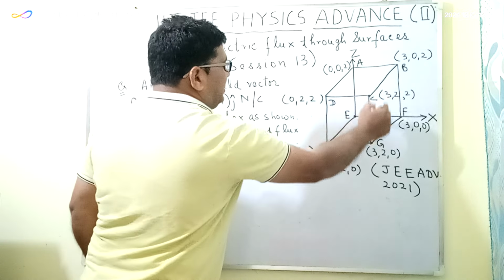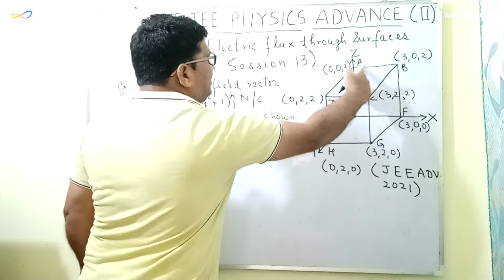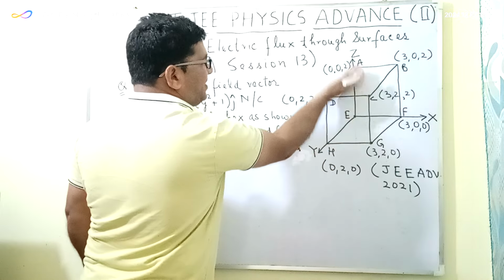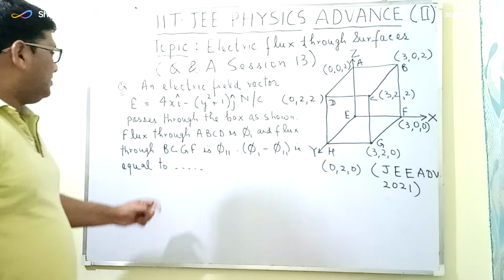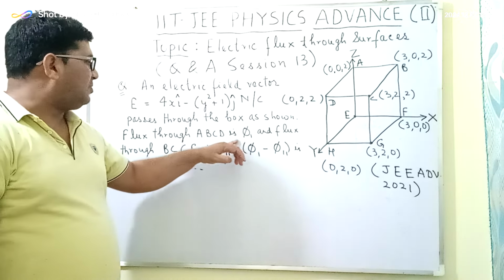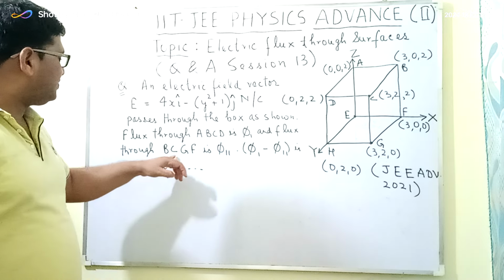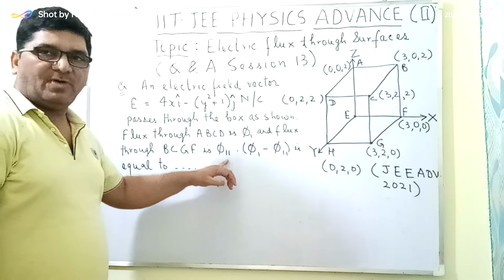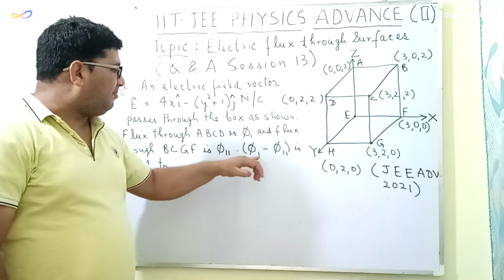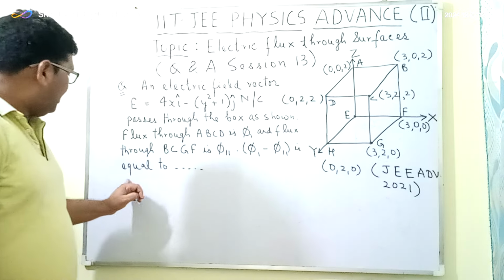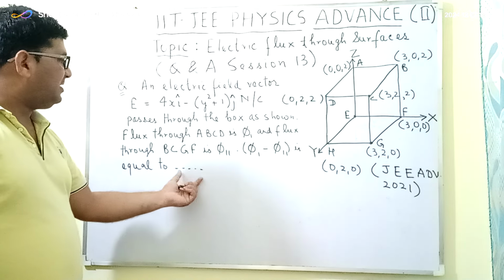BCGF is BCGF and ABCD is this upper surface. So we have to find the difference of phi 1 and phi 2.